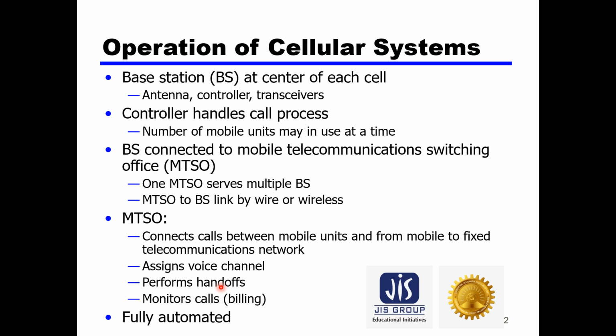But the problem is that sometimes you are in a certain base station's coverage area, but when you move from one area to another area, you may be out of your serving base station, and when you enter another base station, there should be a handoff of the connection to that base station, so that the other base station will now provide you continuous connectivity. So that is the handoff process.